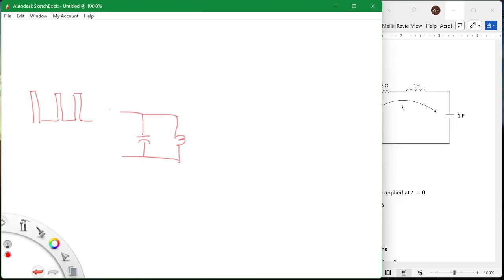So what we've got to do is put a choke in front of it. You can't just get a little inductor with a little bitty wire because it'll burn up. So you've got to get a choke, an inductor, in front of that.